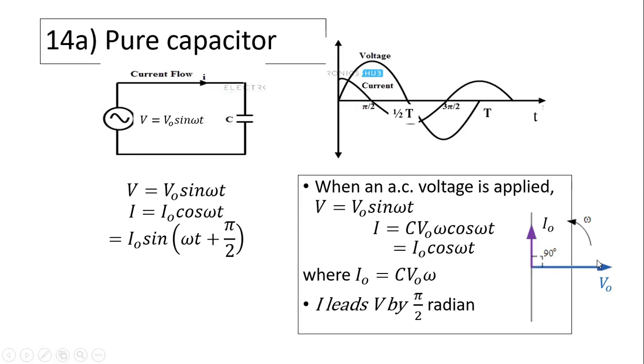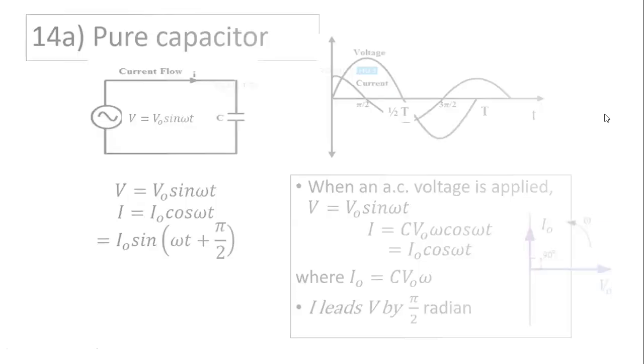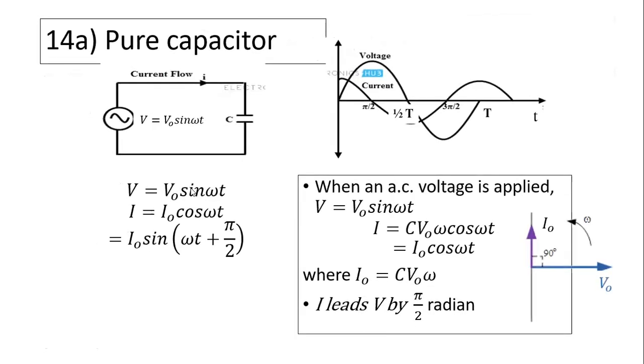I0 is the head, with anti-clockwise motion. Comparing these two equations, where there's a plus, it means lead. If it's a negative, like previously, it means lag. That means I0 is the head.